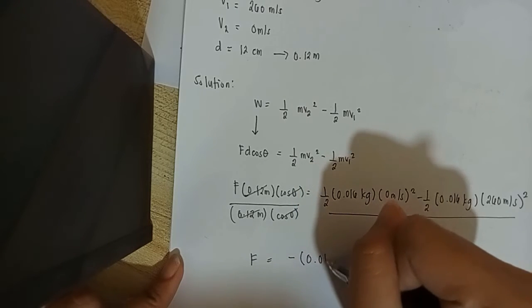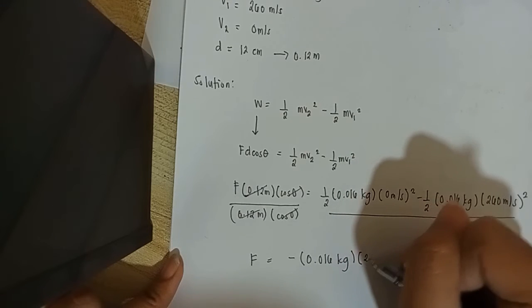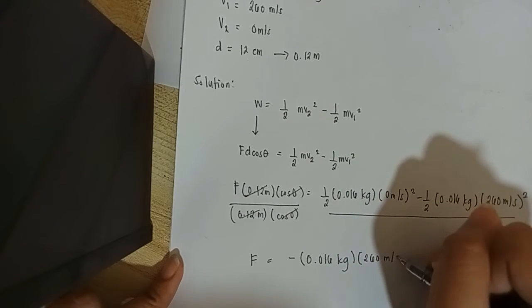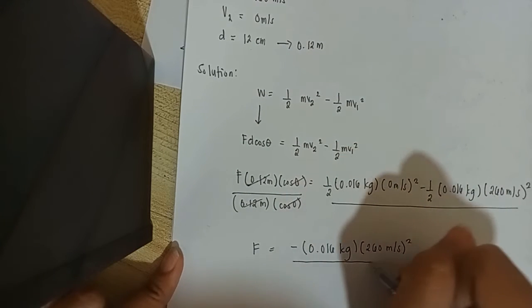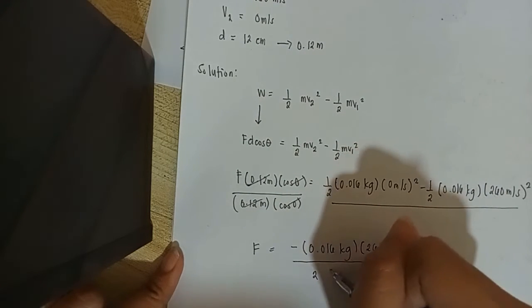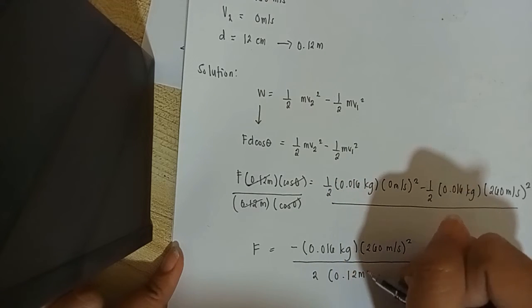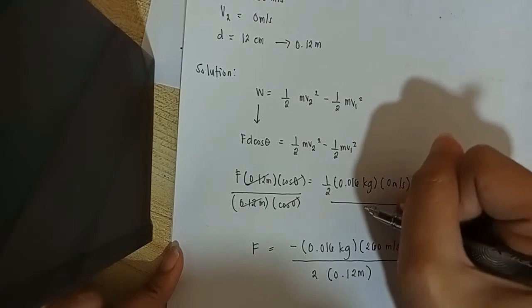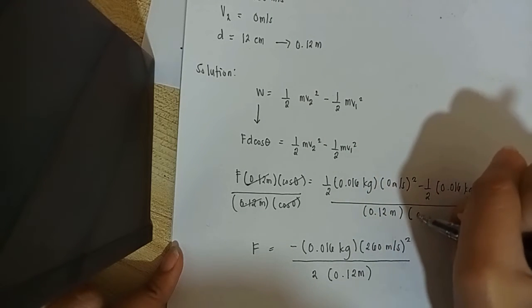So force is equal to negative 0.016 kilogram multiplied by 260 meters per second squared over 0.12 meter multiplied by cos 0 degrees.